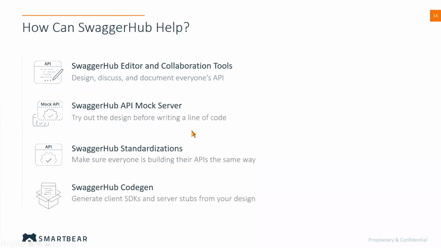Okay, so how does SwaggerHub help in these specific topics? We have a built-in editor with different collaboration tools, where we can have inline discussions in the design phase of that API specification. Once we create the API, it will automatically create a mock service for us.